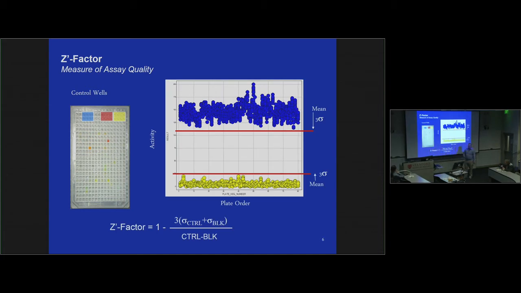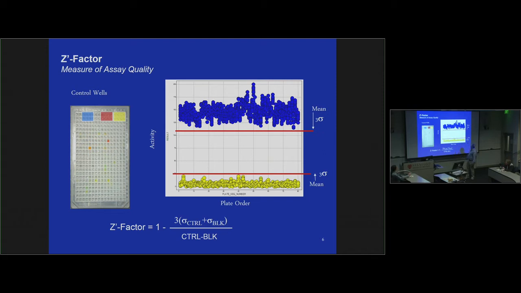And then there's a parameter that screeners use to talk about how good an assay is. That parameter is called the Z prime factor, not to be confused with the Z score, which is the normalized mean, so the mean is 0 and 1 is one standard deviation. This is the Z prime factor.